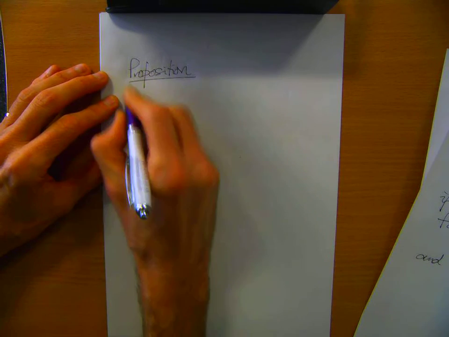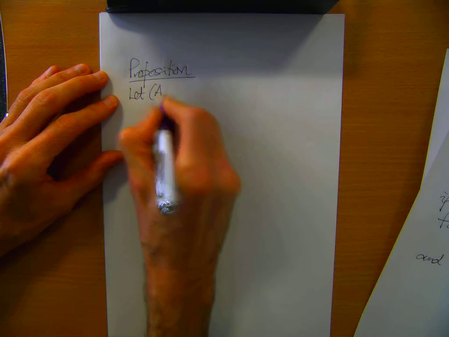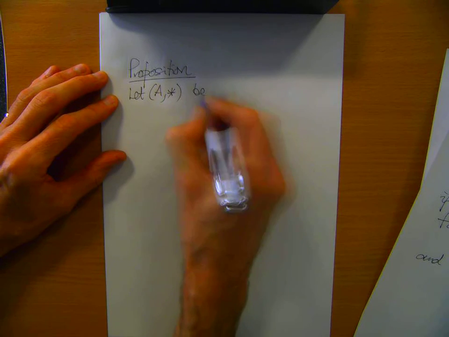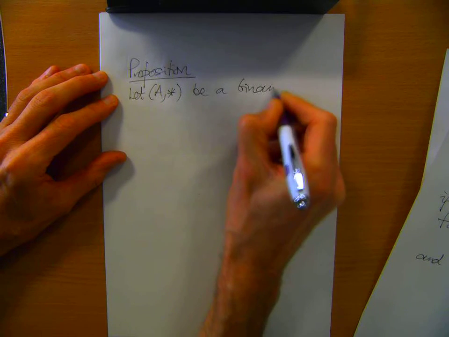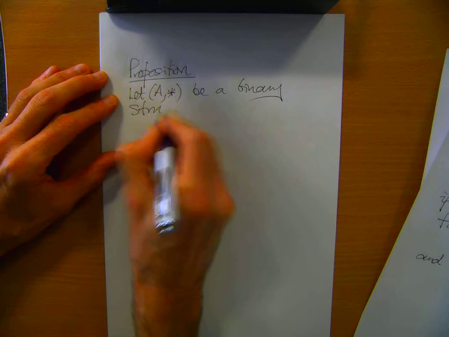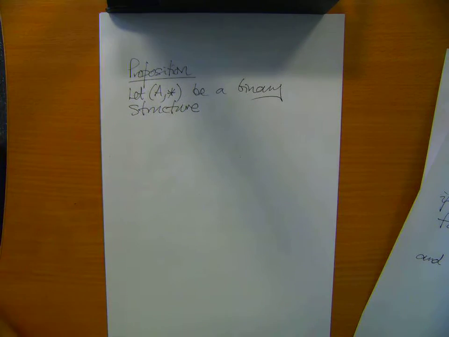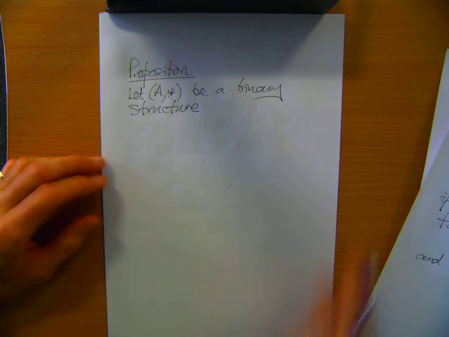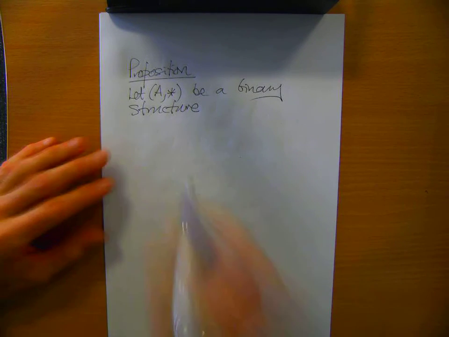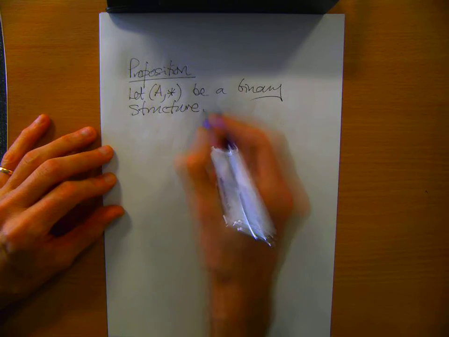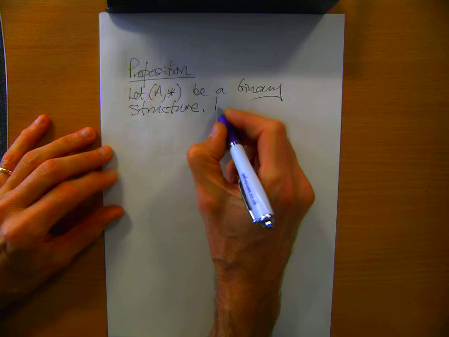So let A star be a binary structure. My writing seems to be getting bigger now. Is it visible at the back? Which means I'm using more and more bits of paper, but never mind. Let that be a binary structure, and let's state it in this way.